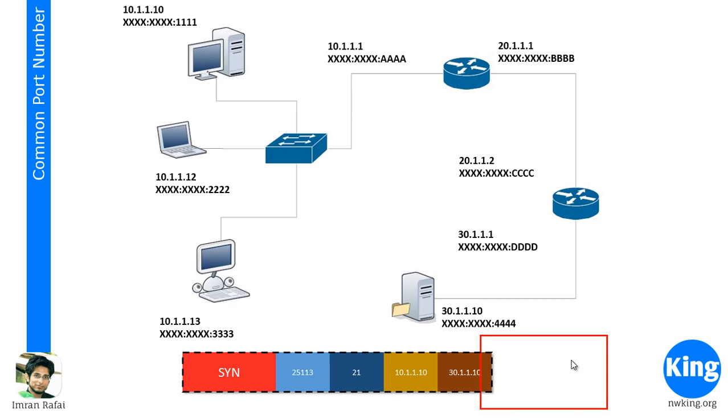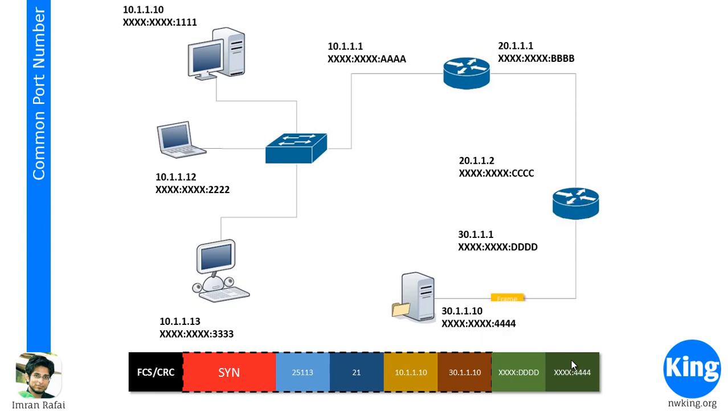It sees it is 30.1.1.10, and it knows 30.1.1.10 is connected to its interface, right? So the same process continues. It finds out the MAC address, puts those MAC addresses, does the hashing check, and attaches the hash to the frame, and sends it across the network.